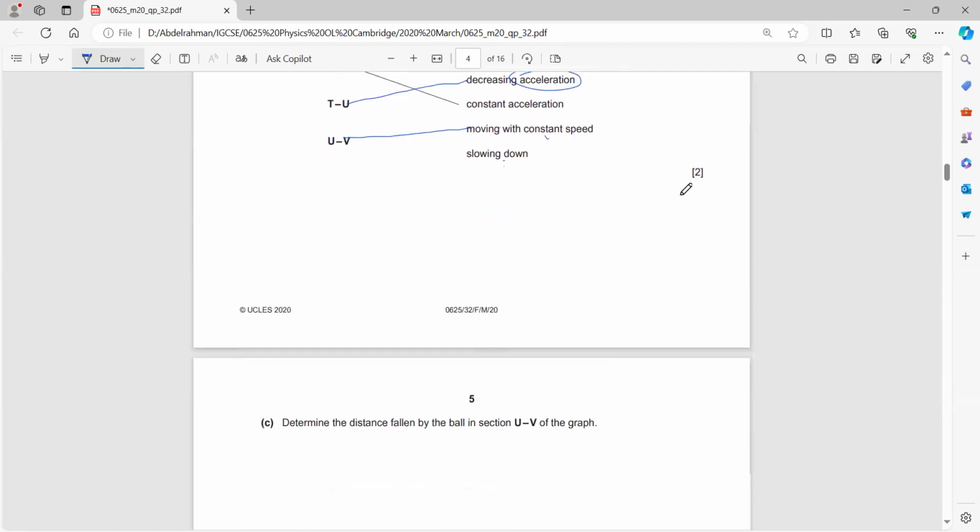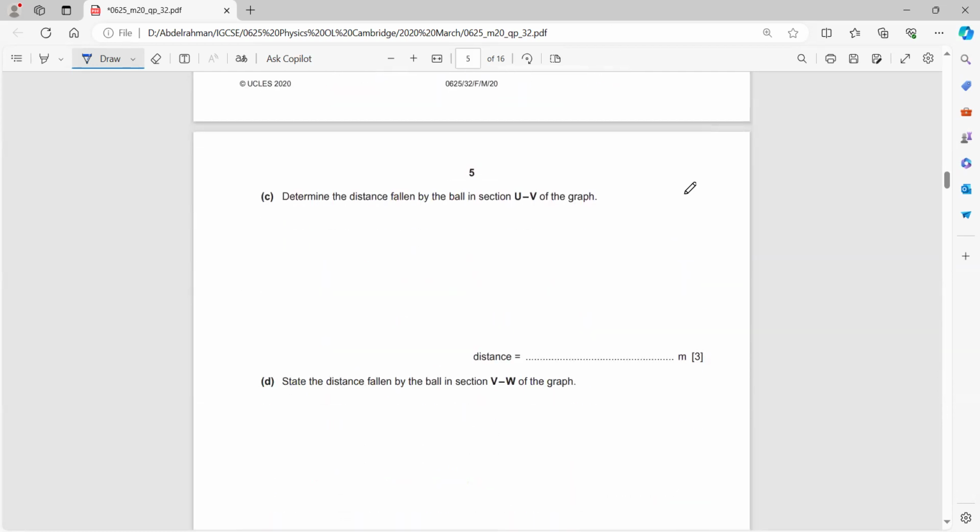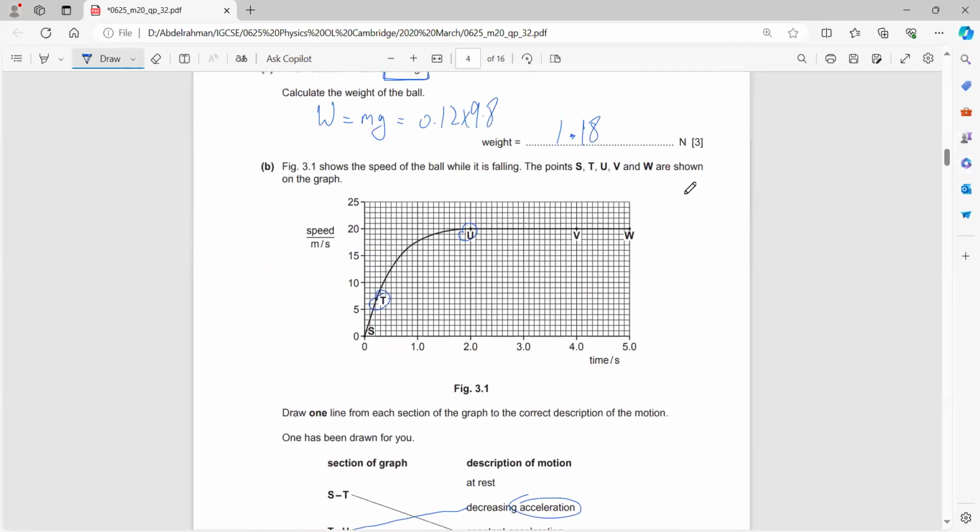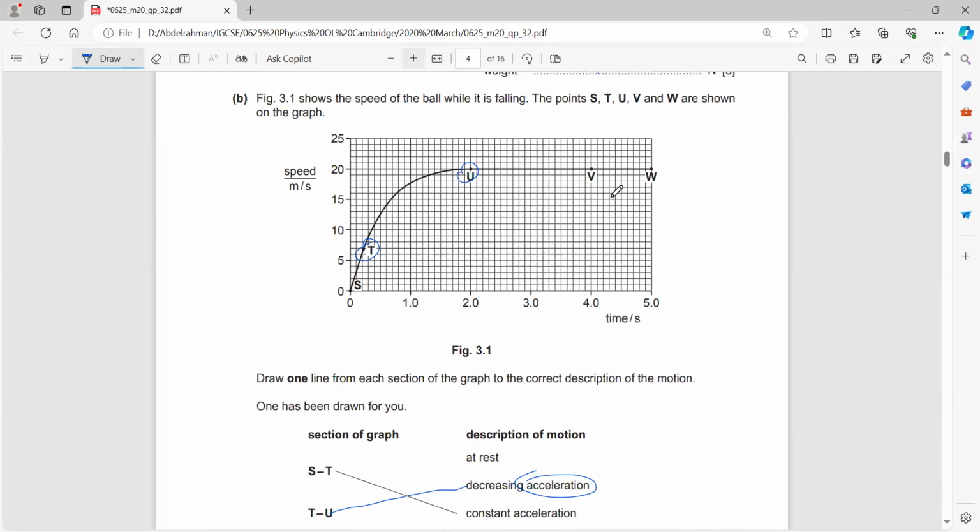Moving on to the next question. Determine the distance fallen in section UV. Quite easy. It is the area under the graph. What's the area from U to V? Very simple area, 20 times 2.